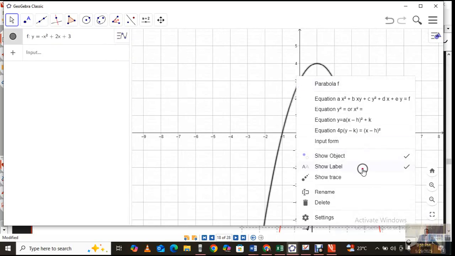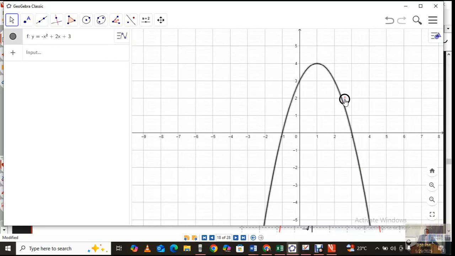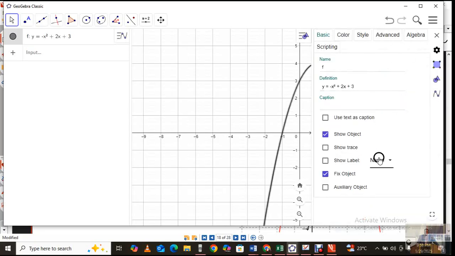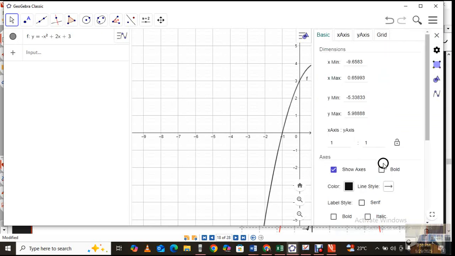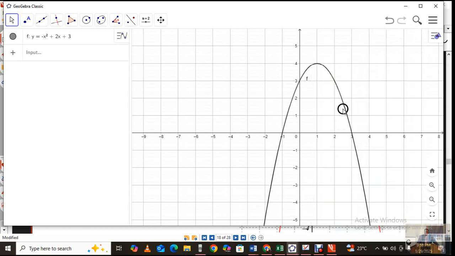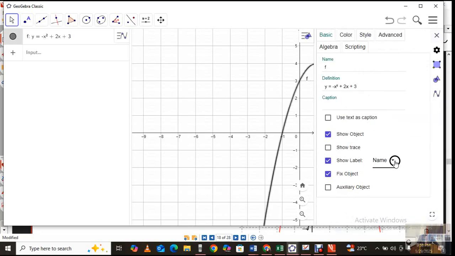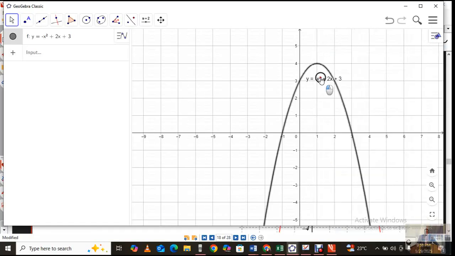Now, let me just have the label. So let me just say the name. At this instance, you are also getting used to, I'm just going to have the value, okay, the graph. So that's the value, that's y equals to that.